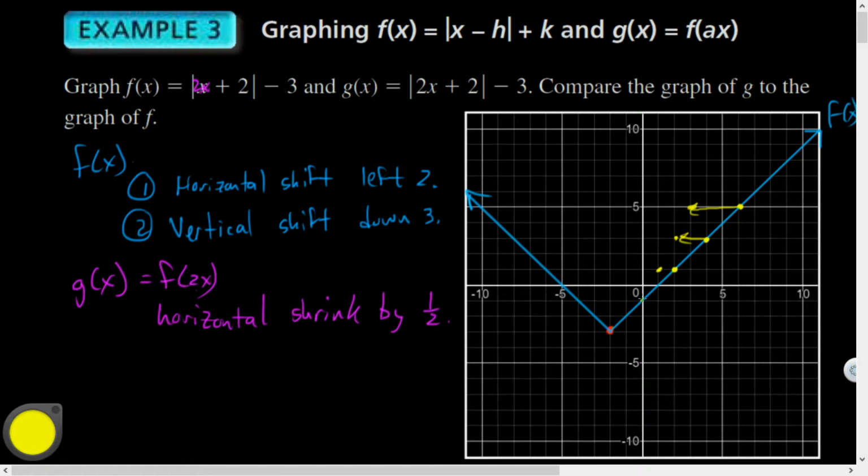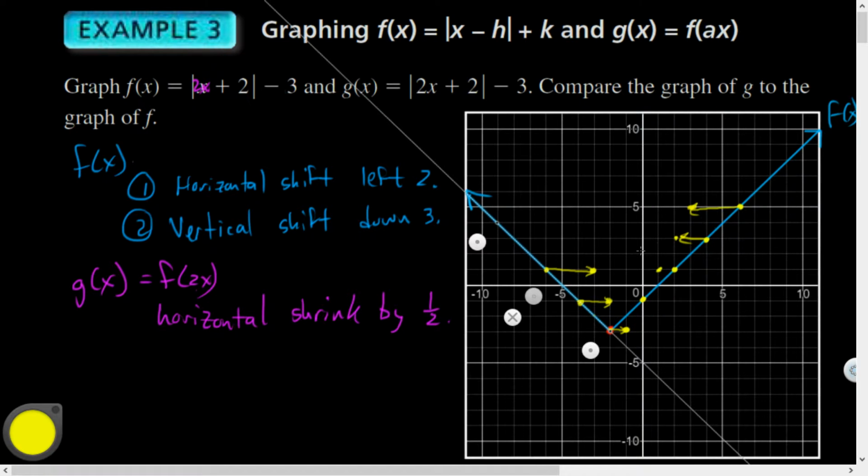Let's look at this one. What's 0 divided by 2? 0. Here's 2. Or actually, sorry, my bad. That was -2, and -2 divided by 2 is now at -1. Here is -4. What's -4 divided by 2? -2. And -6 divided by 2 is -3.